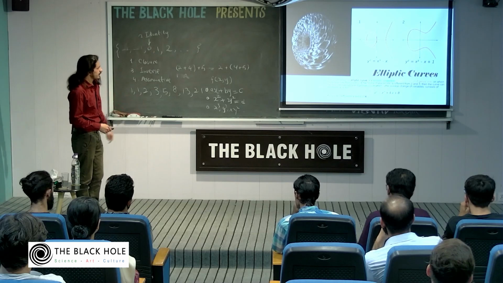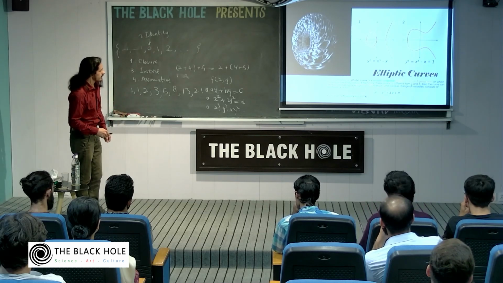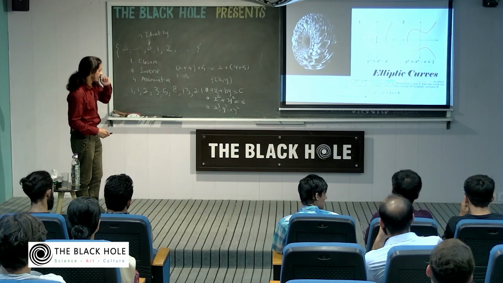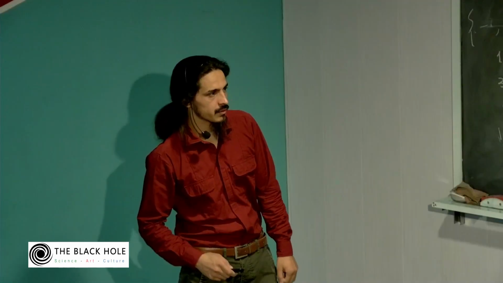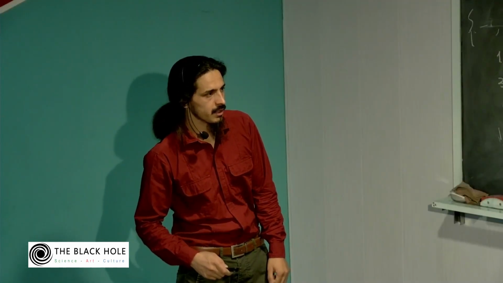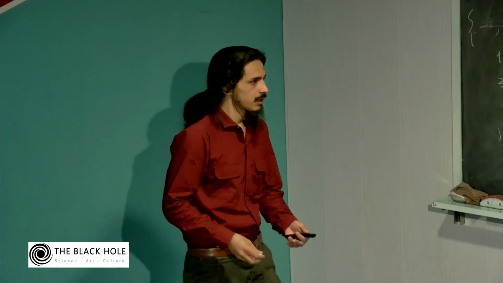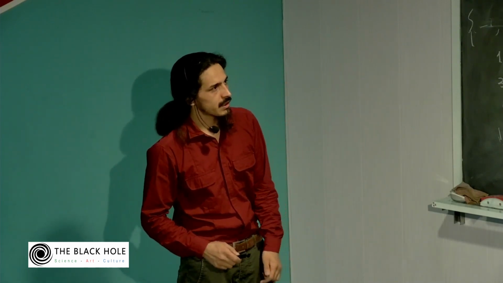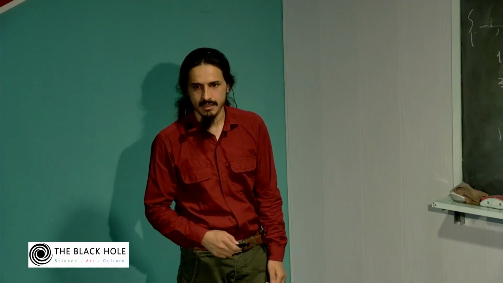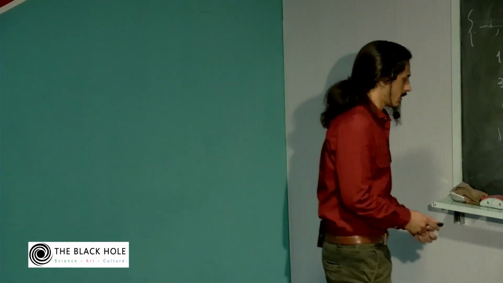Here are some highlighted terms. The first one: an elliptic curve is a smooth, projective, algebraic curve of genus 1. These are too technical to explain, but smooth means that there is no self intersection, which is possible in cubic curves.